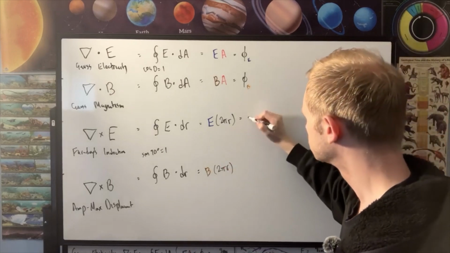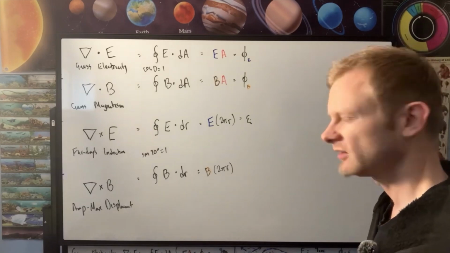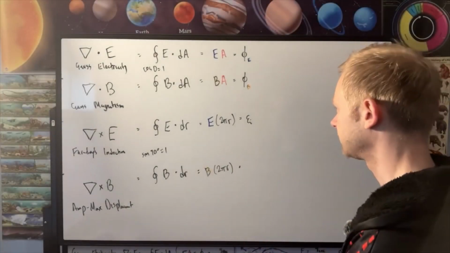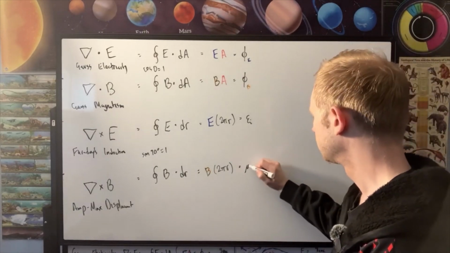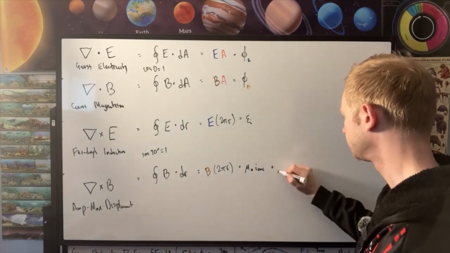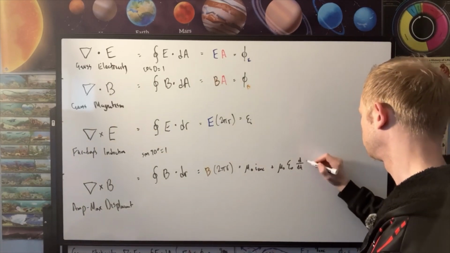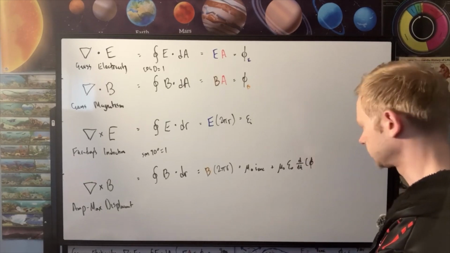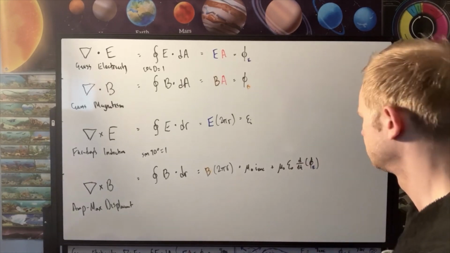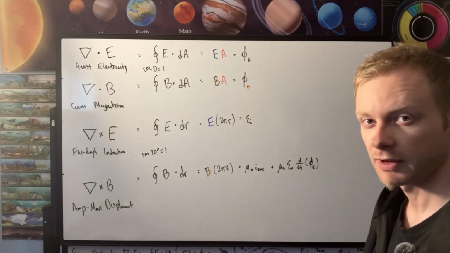That's V. So that's induced voltage, induced EMF. Well, this last one doesn't really have a nice symbol that we can represent it with, but it does have mu naught I enclosed plus mu naught epsilon naught times the time derivative of the electric flux. So now we can kind of start to see what these equations might represent.